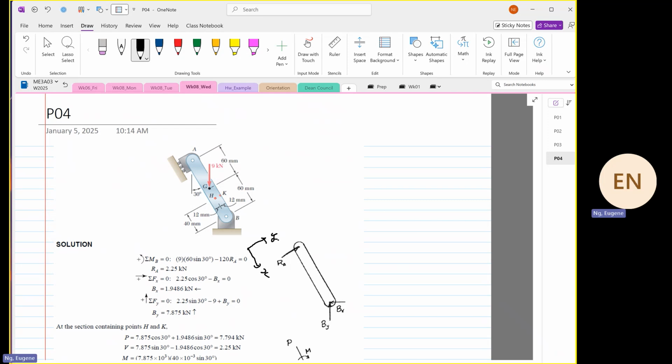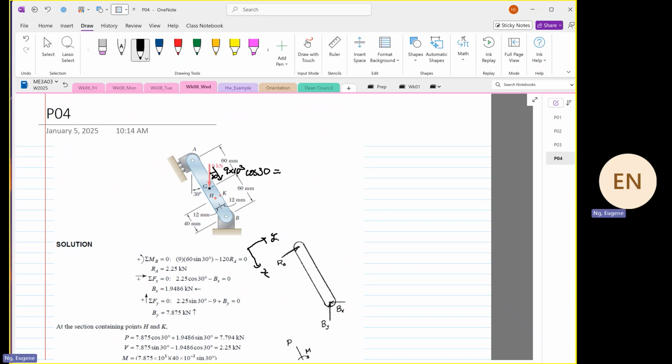I'm going to do something different. Now the next thing we have to know is the reaction. By looking here, we know that we have an applied force in this orientation, equal to 9 times 10 to the power 3, at 30 degrees, and cos 30.